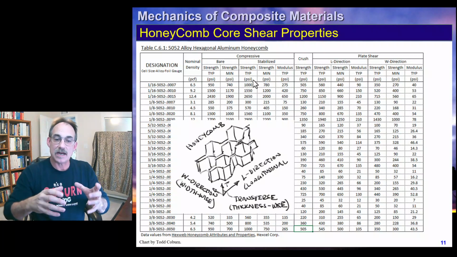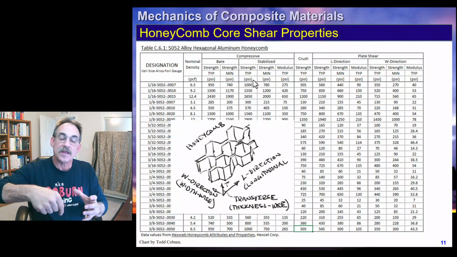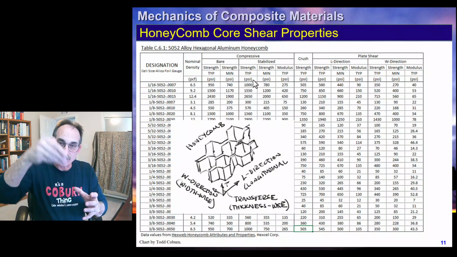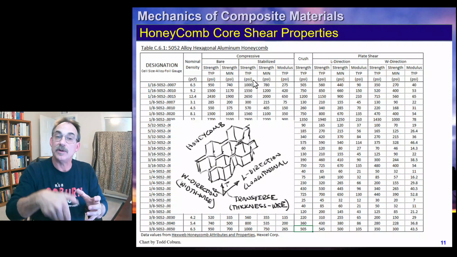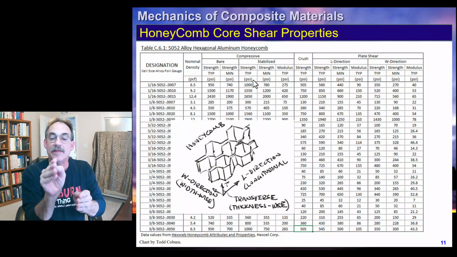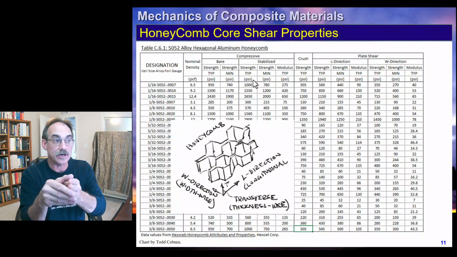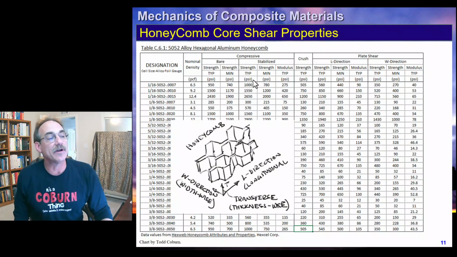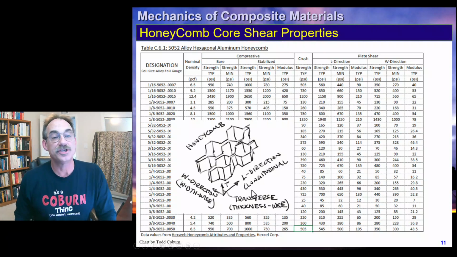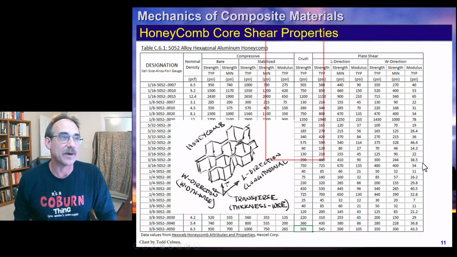Because when you have a sandwich and you load it, perpendicular to chopping off the beam, it's going to be loading that core in shear, and those little thin ribbons of material are going to resist that in shear. So we're going to get different allowables in the longitudinal direction and the widthwise direction.